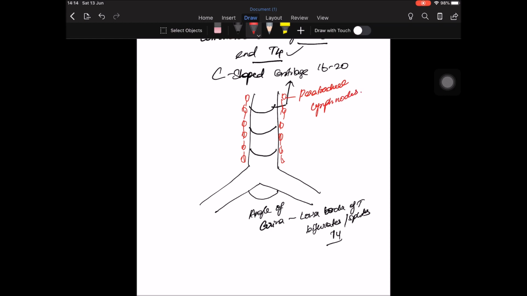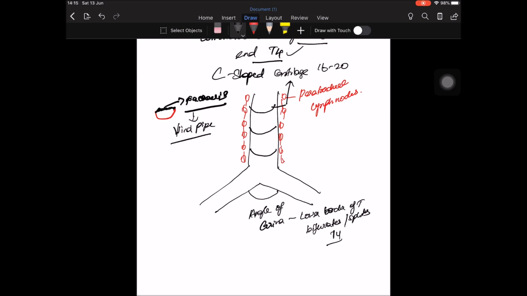The C-shaped cartilage cannot help in the process of respiration, so we have a special muscle called trachealis. This helps in breathing. It maintains the normal opening of the windpipe, that is the trachea, and maintains its normal position during inspiration and expiration.